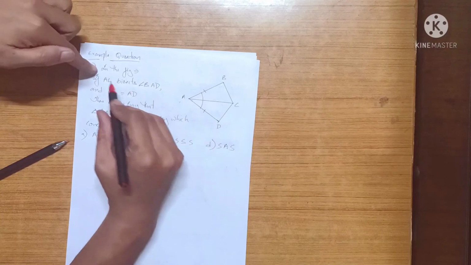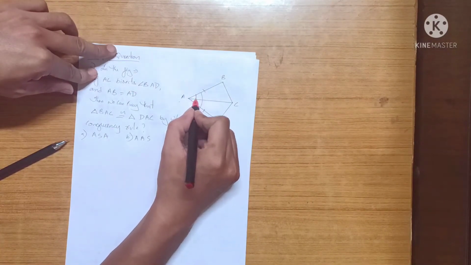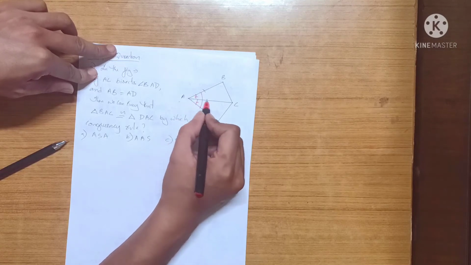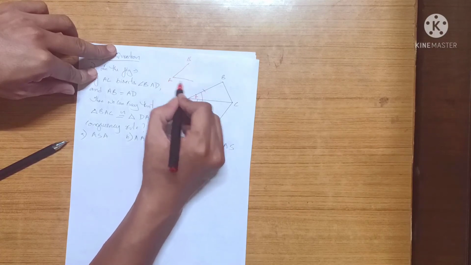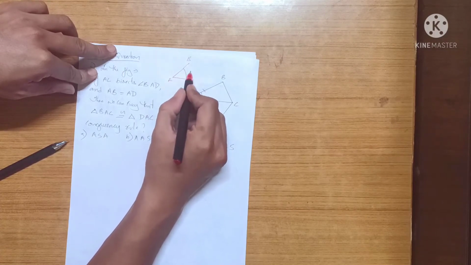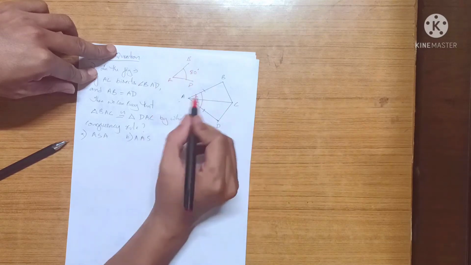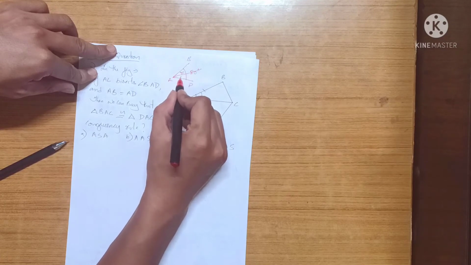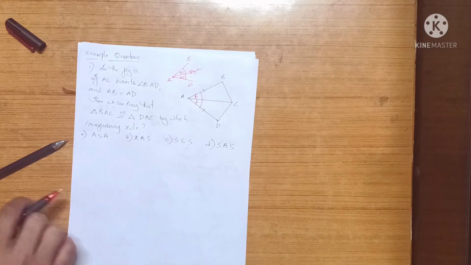And if AC bisects it, it's dividing the angle into two equal angles. So if the whole angle BAD was, let's say, 80 degrees, then we drew AC in such a way that this is 40 and this is 40.